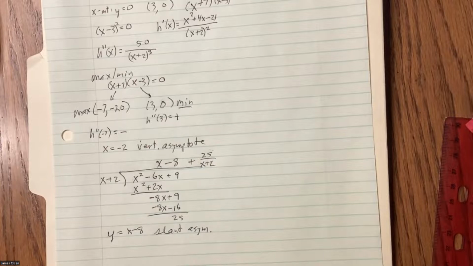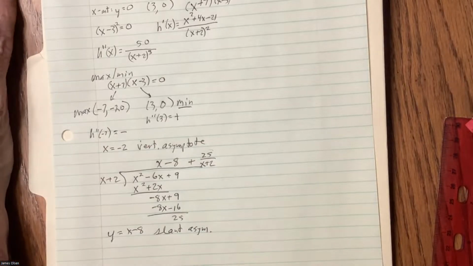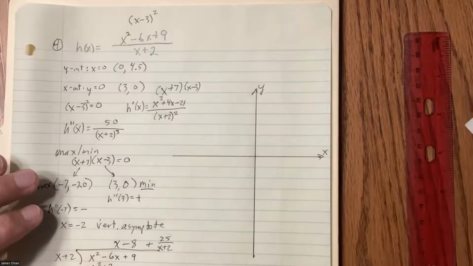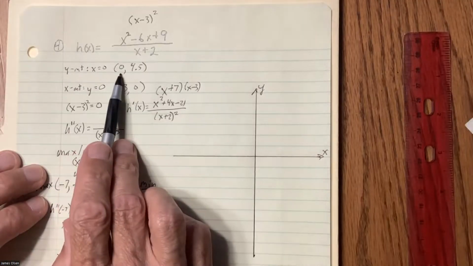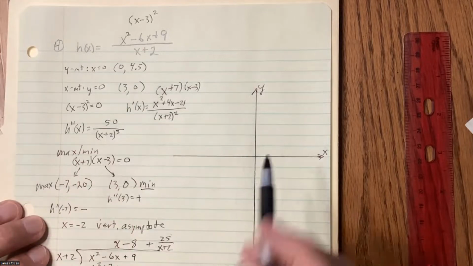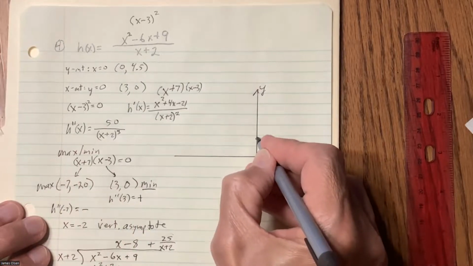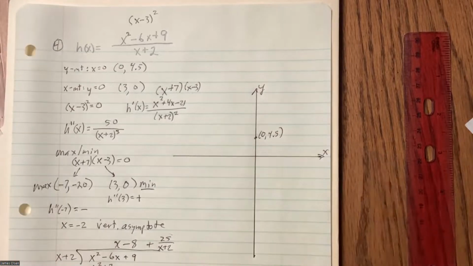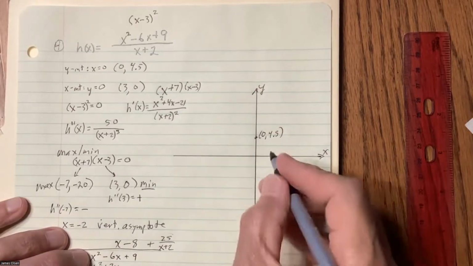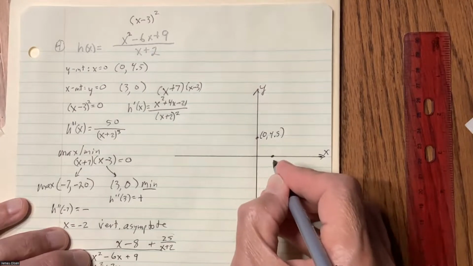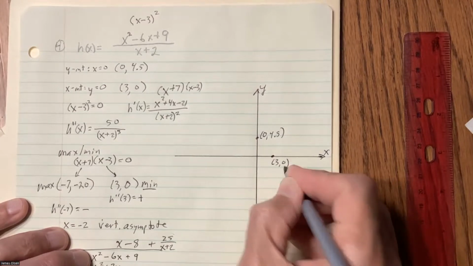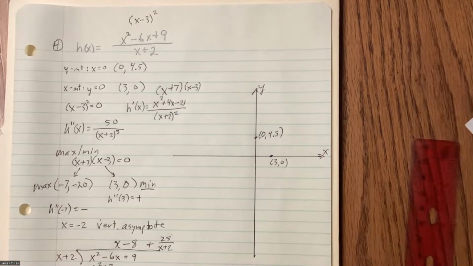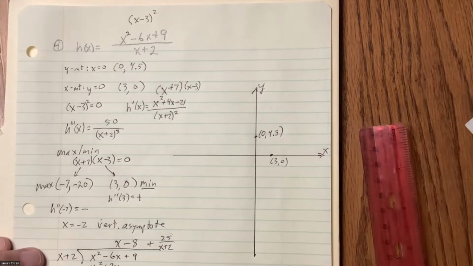So I think we're ready to make our graph. Let's start with our intercepts. 0, 4.5. Three, 0. We have a vertical asymptote.